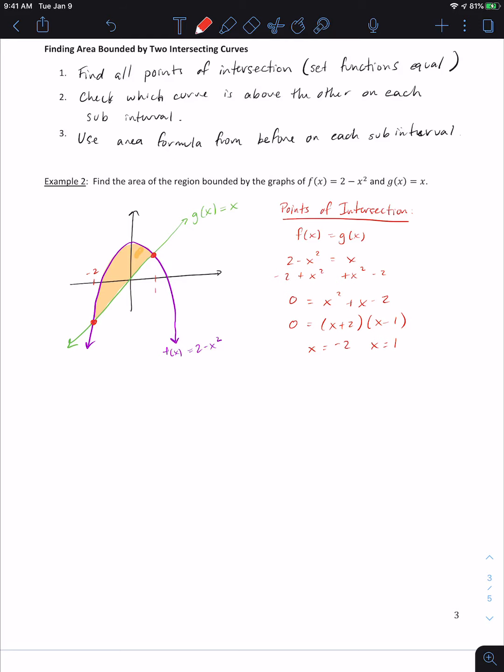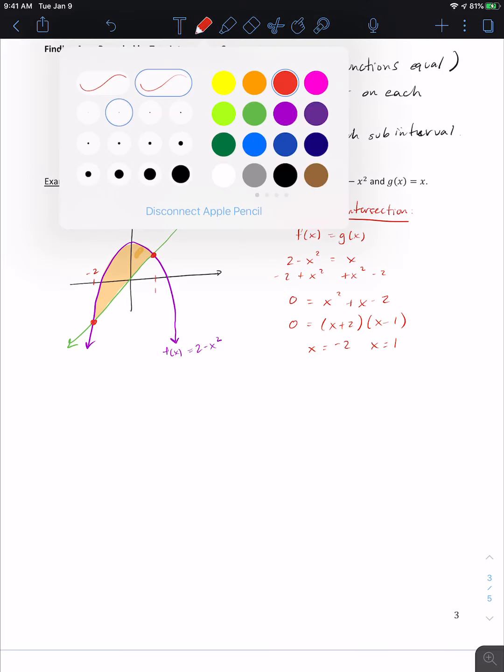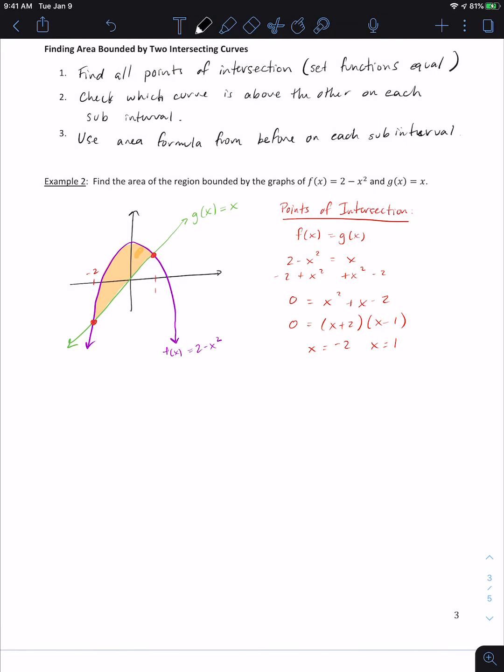All right, so we know where we start and finish. And now we need to talk about which function is going to be the top and bottom. My top function is going to be the one that's on top, the purple function. So my top function is 2 minus x squared. And my bottom function is the one that's on bottom, and it's going to be the x function.